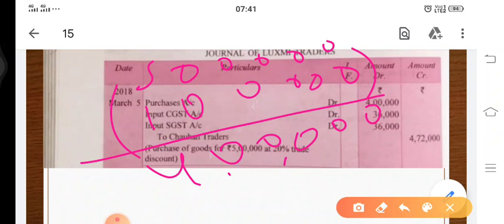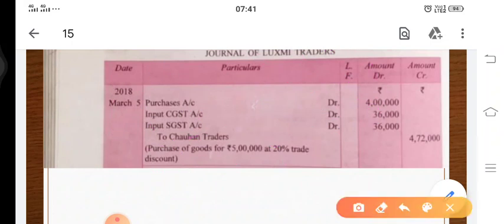So let's check the points. Since we have purchased goods, purchases account, being an expenditure, got debited with 4 lakh. At the same time, on purchases when we are paying GST also, that also needs to be debited. So input CGST account got debited and input SGST account got debited.